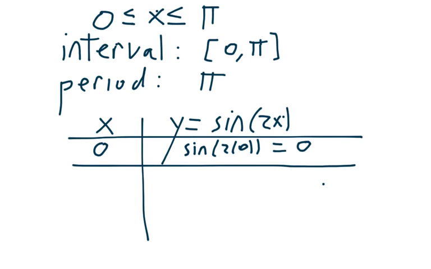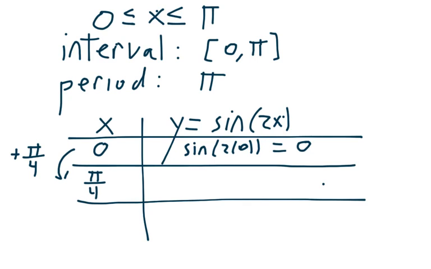Next, we're going to add pi over 4, which is our period over 4. So we're going to get, of course, just pi over 4. Now, what is sine of that? Well, sine of 2 times pi over 4 is going to be sine of pi over 2.